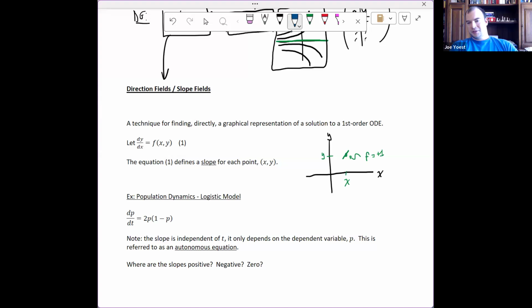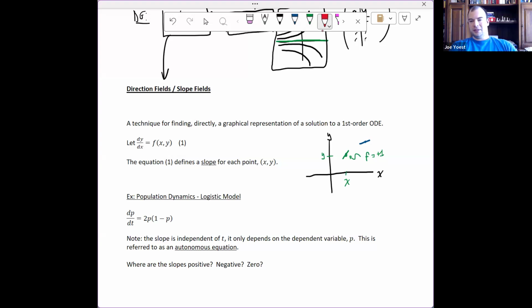Maybe at a different point, over here, I have a different value of x, different value of y. I plug those into little f. Maybe I get 1/2. So at that point, x comma y, dy dx is 1/2. It's a less steep slope. Again, first order approximation there.